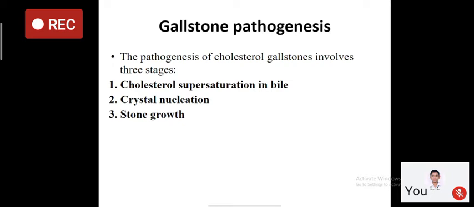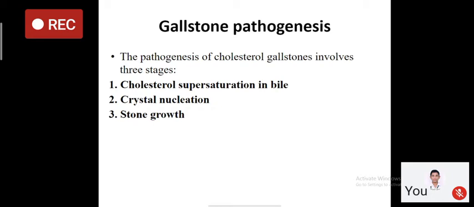If you see the constituents of bile, it consists of bilirubin, bile salts, bile pigment, phospholipid lecithin, and cholesterol. The chances of gallstone increase when there is either an increase in cholesterol or a decrease in bile salt. This is the main pathology behind gallstone formation.